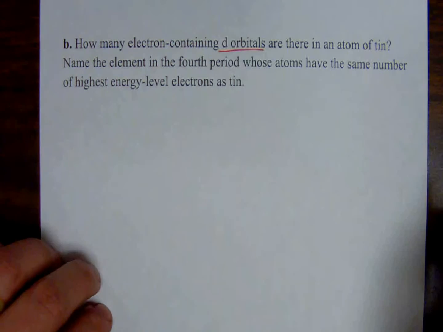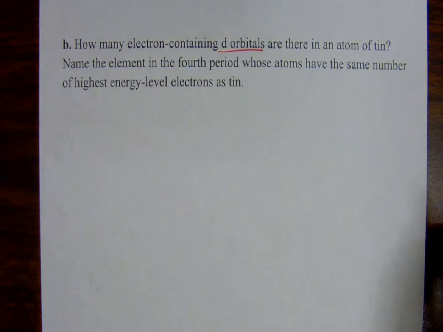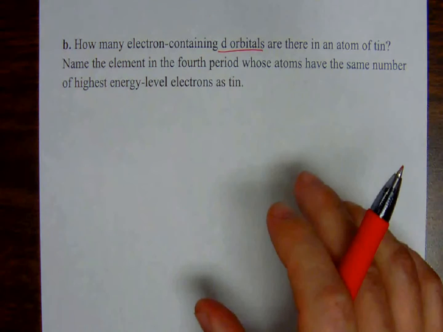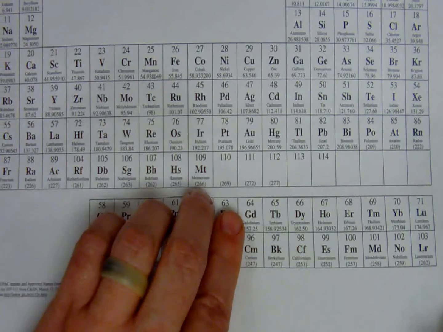Okay, so how many electron-containing d orbitals are there in Sn? When I look at Sn, in order to get to Sn, T-I-N, not the number 10, I have to go through 2 different d sublevels. So 3d and 4d.